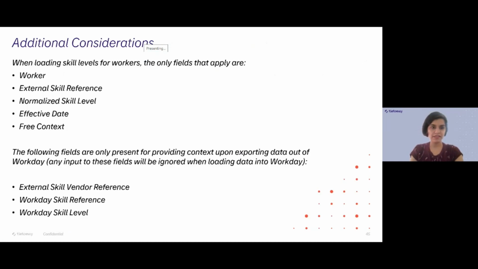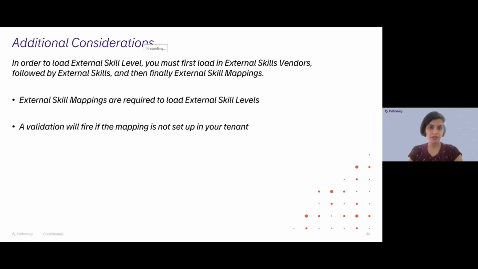Going back to the slides, some additional considerations. When we are filling in the template, only these 5 columns are required to be filled. The 3 columns that we had left blank are only present for providing context upon exporting the data out of Workday. And in order to load external skill level, we must first load the external skill vendors, followed by the external skills, and then the mappings.